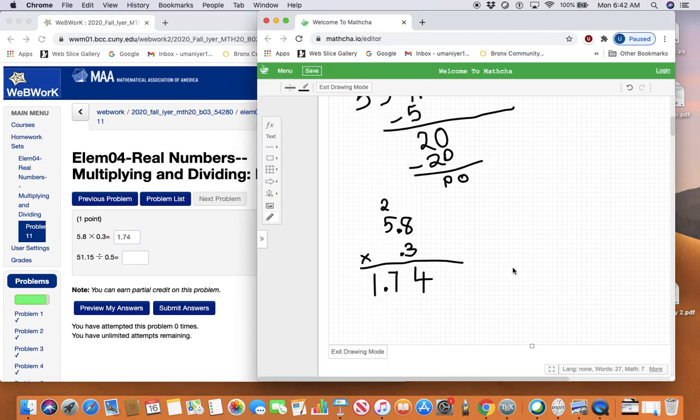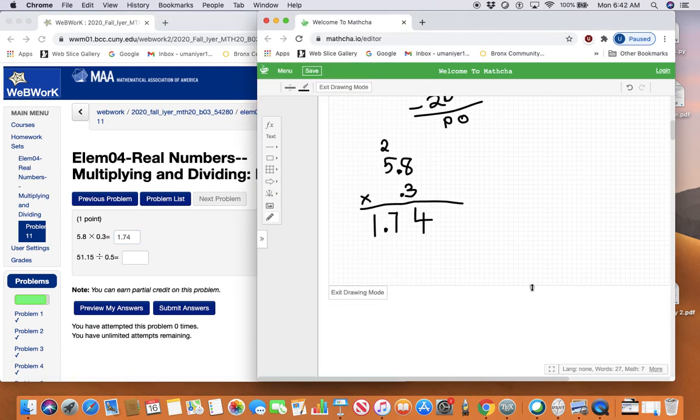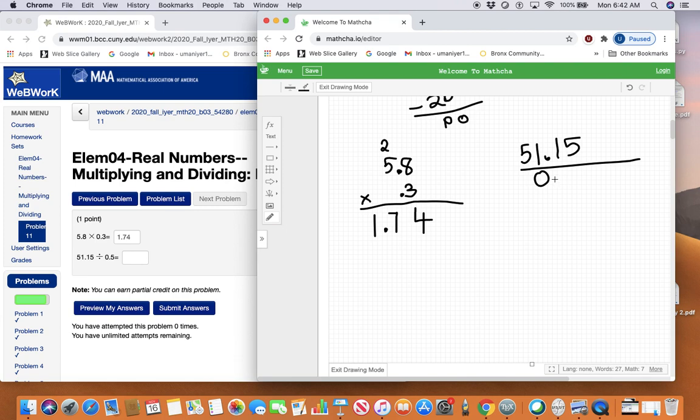Alright. Now likewise the division. Division is easier in some sense. So you have 51.15. You are dividing by 0.5. So notice I can move my decimal place either to the left or to the right.